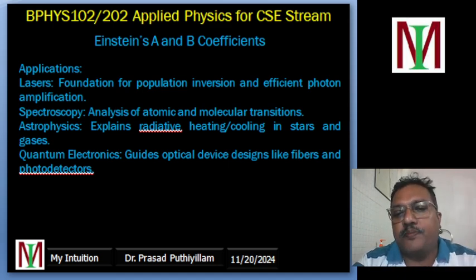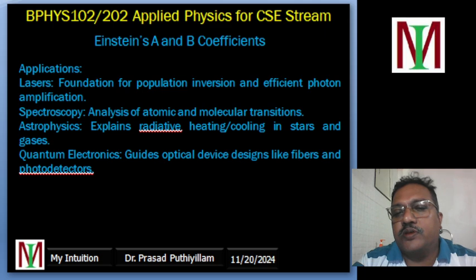This is called population inversion. I will explain the term population inversion in detail in the next class, but when more atoms are in a high energy state than in a low energy state, that is called population inversion.